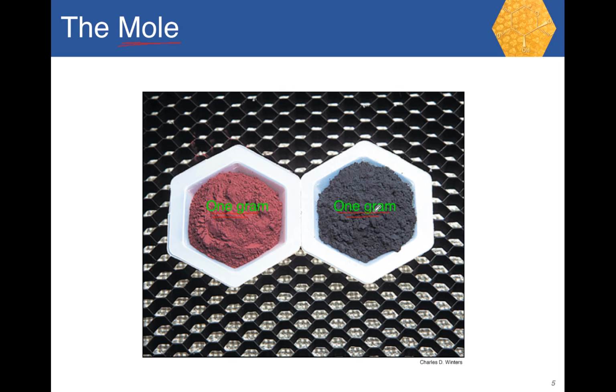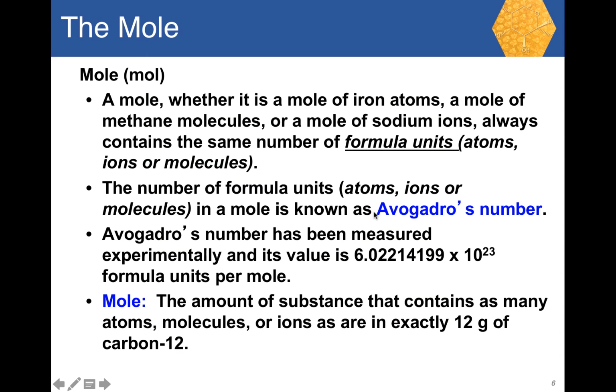So the bottom line is that when a reaction occurs, it does not occur in terms of grams, but it occurs in terms of atoms reacting with atoms. So let us apply this and get a new definition here.